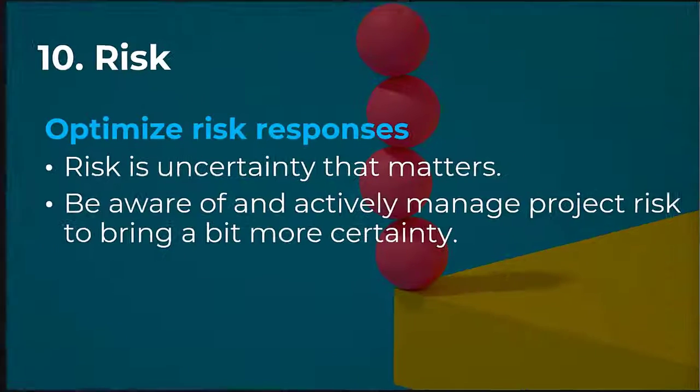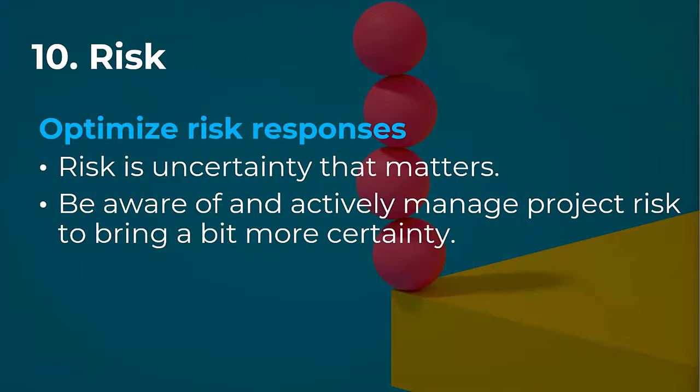That is the big question that we have. So according to Dr. David Hilson, risk is uncertainty that matters, and there's typically a lot of uncertainty on a project because we're usually trying to do something new here, trying to change things. It's important for us to be aware and to actively manage these risks to bring a little bit more certainty to the work.